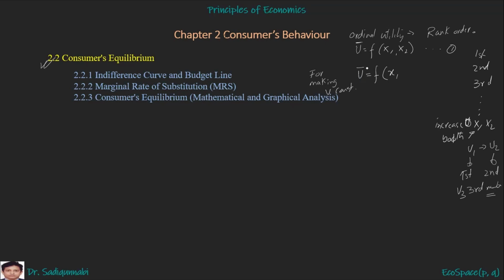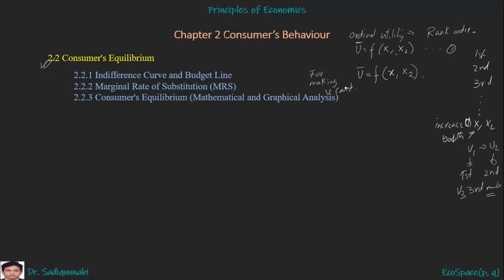Because we know that in two-dimensional space we can't take three variables at a time, so we take two at a time. So x1 and x2 are taken. So if you increase x1, you have to decrease x2. Okay, so in that case we can keep the utility constant.